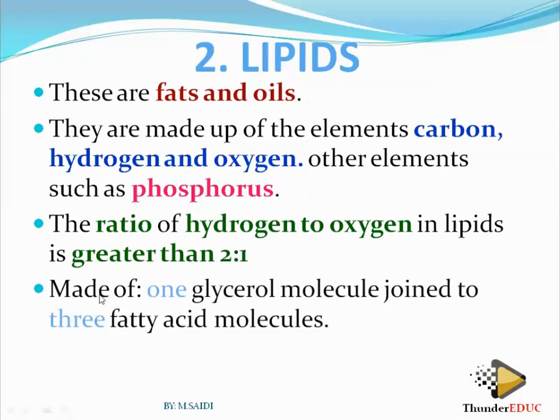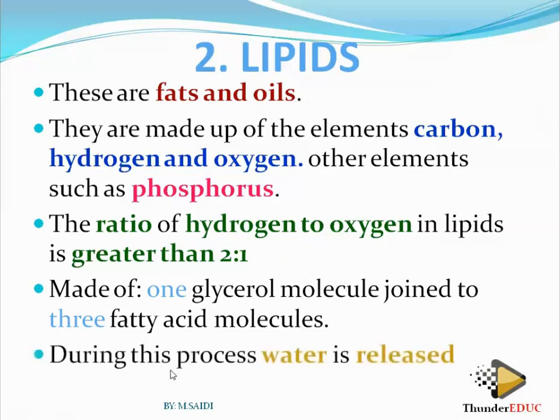Then they are made up of one glycerol molecule joined to 3 fatty acid molecules. During this process, a water molecule is released. So it is a dehydration process.